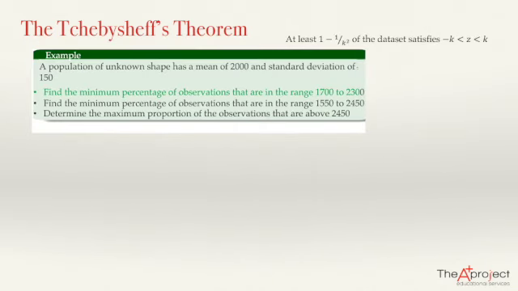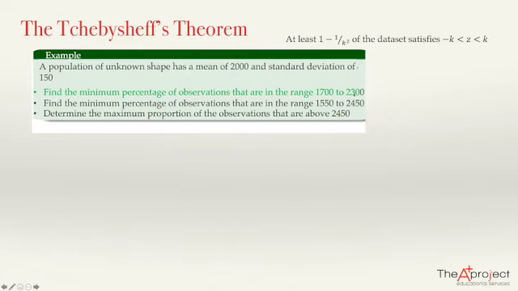Let's solve the first question. Find the minimum percentage of observations that are in the range 1700 to 2300. It will be a good idea if we find the z-value of each of these values. Remember that the Tchebyscheff theorem finds the proportion of values whose z-value is between two values.